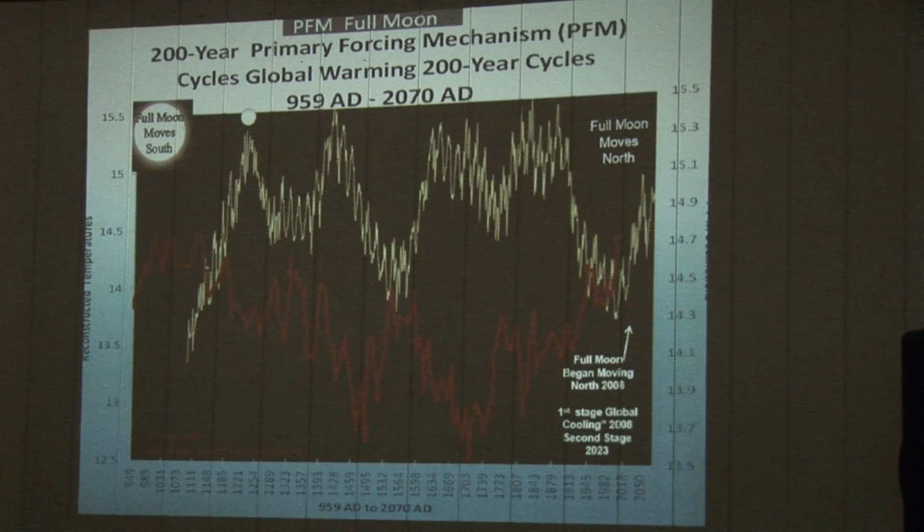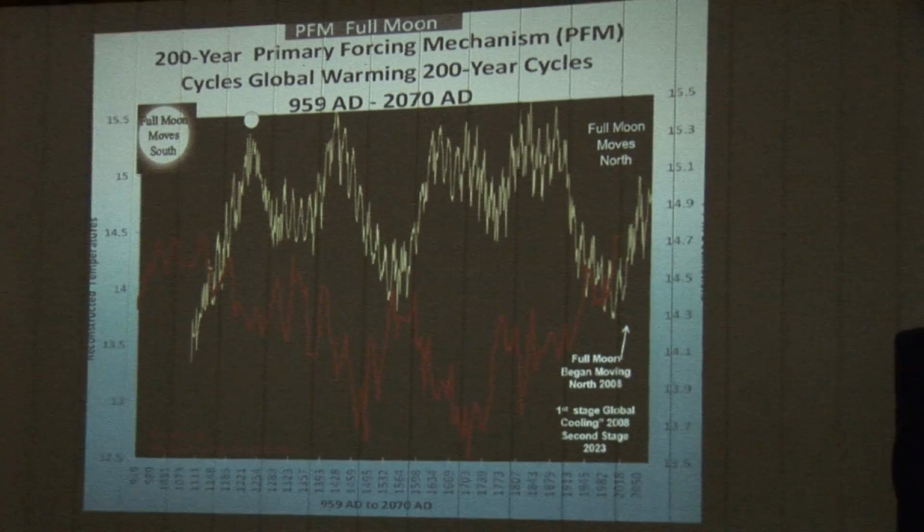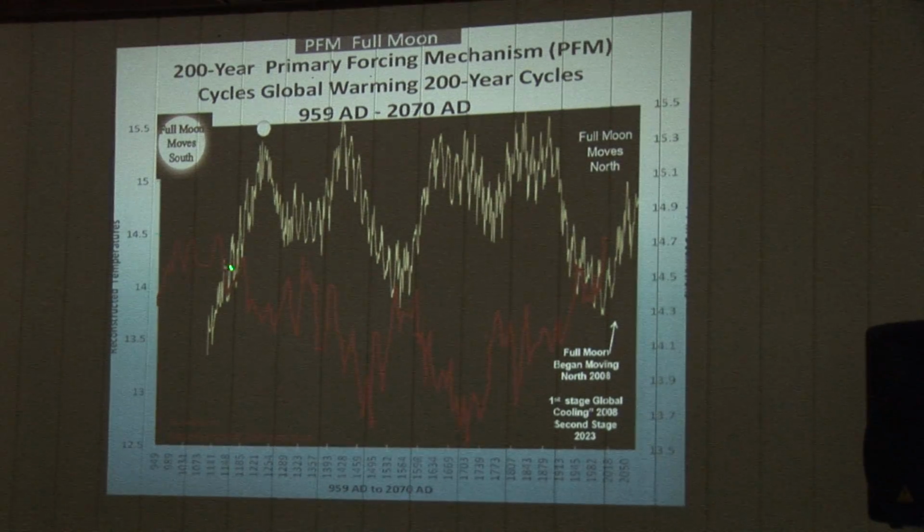I'm going back to 949 AD, 1100 years ago. This is the temperature. That's the global warming cycle, global warming cycle, global warming cycle, and our global warming cycle. The yellow is the full moon strong cycle, which I took mean values of.